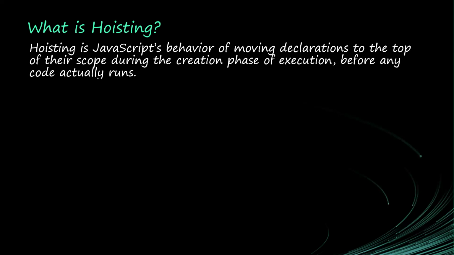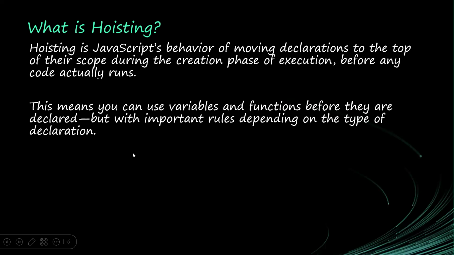During the creation phase, JavaScript will create all the variables that have been declared, then hoist them. That means JavaScript will take them to the top of their scope before any code actually runs. So this means you can use variables and functions before they are declared, but with important rules depending on the type of declaration.